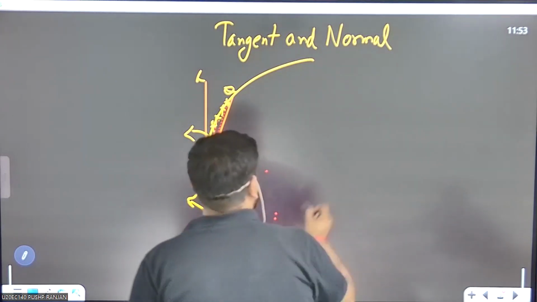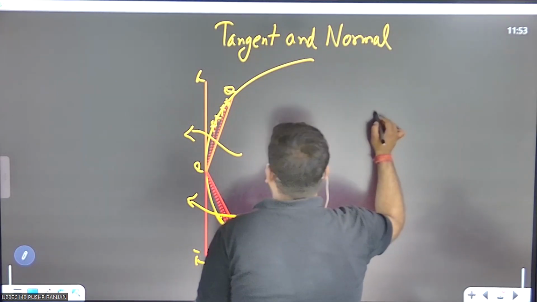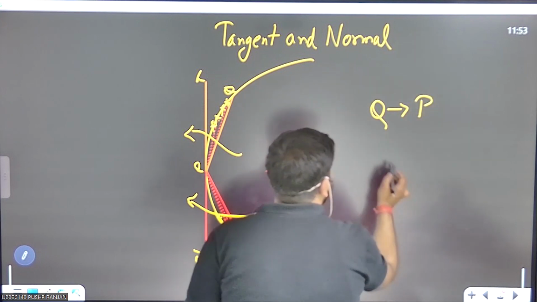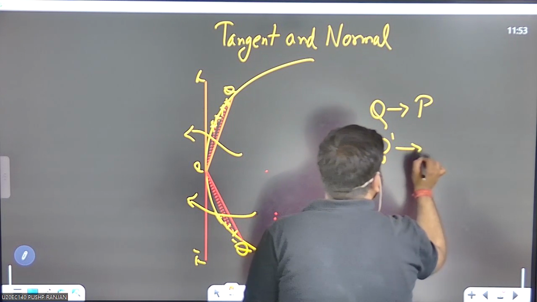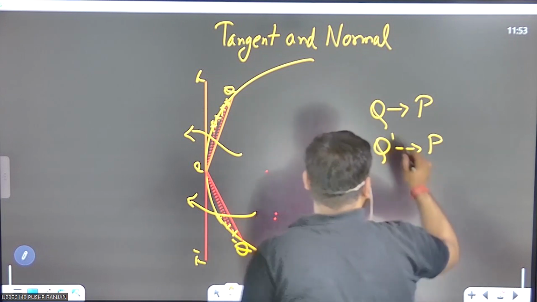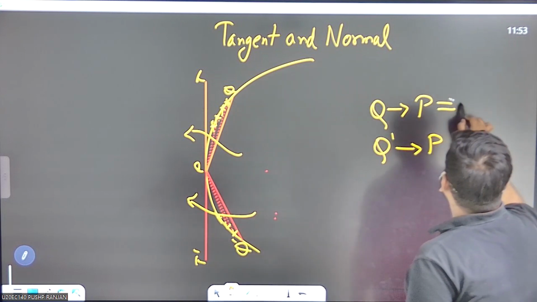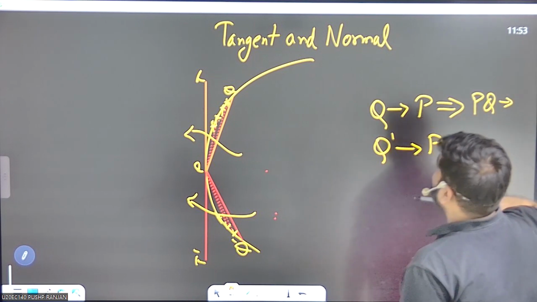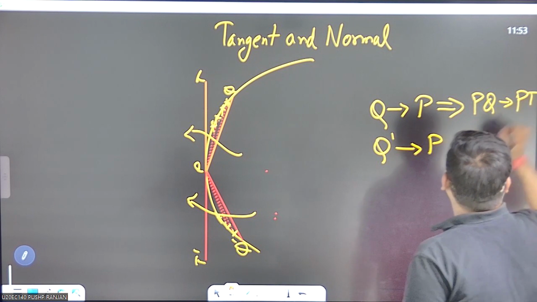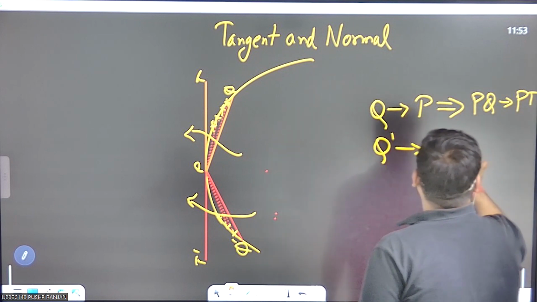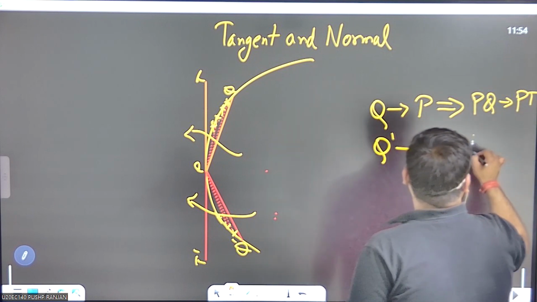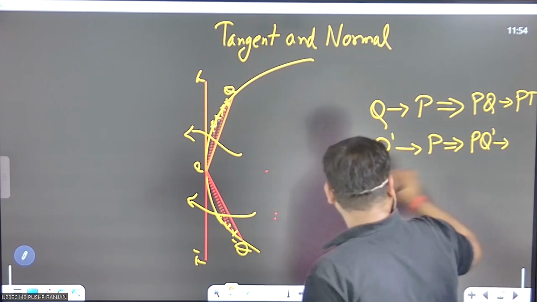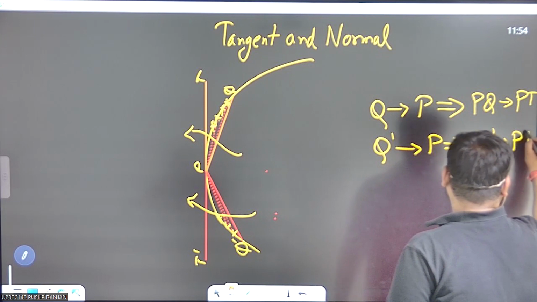So we can write that if Q tends to P and Q dash tends to P, then from this we can conclude that the PQ line tends to the PT line, and PQ dash tends to PT dash.